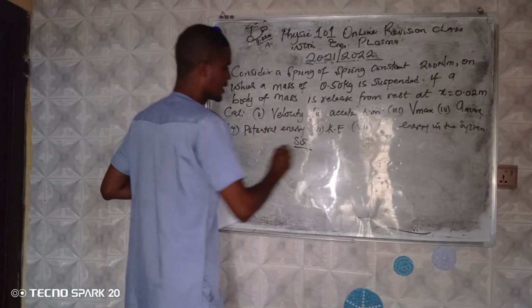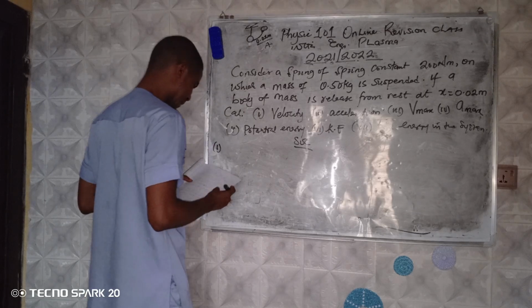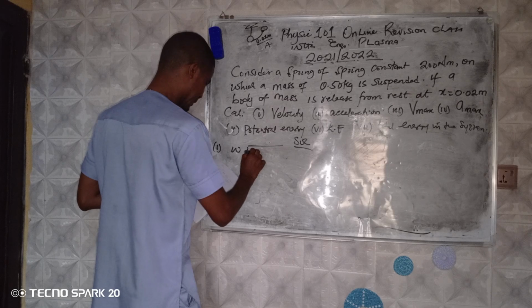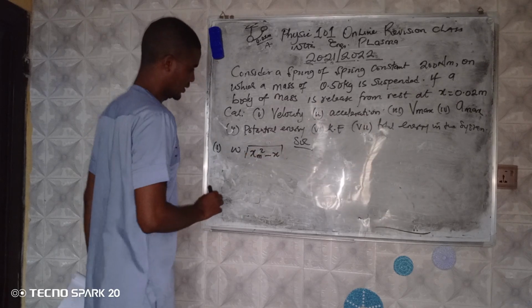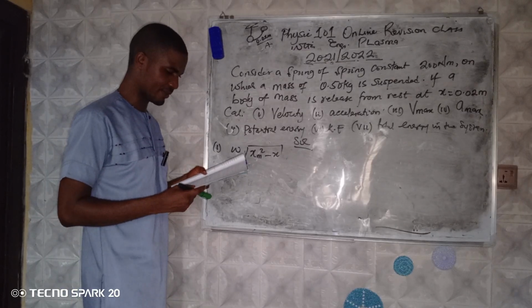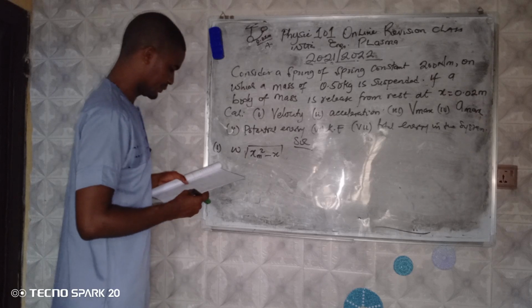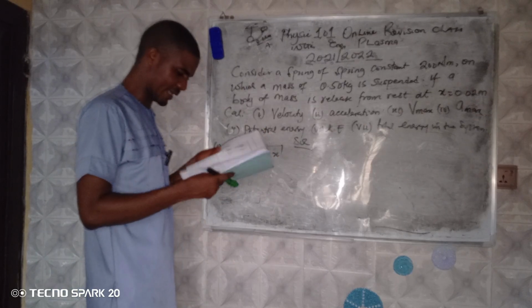We have the solution. The first one says we should solve the velocity. Remember that velocity is w root of x_m squared minus x squared. Okay, the question says we should solve for, let me get it again.